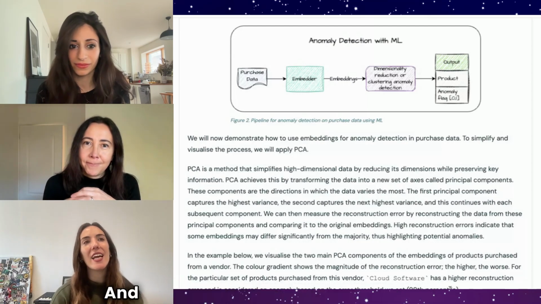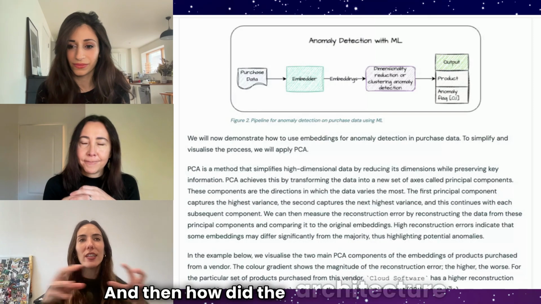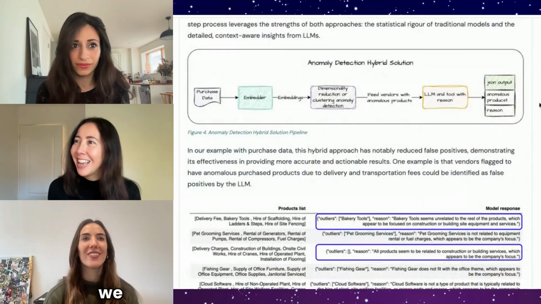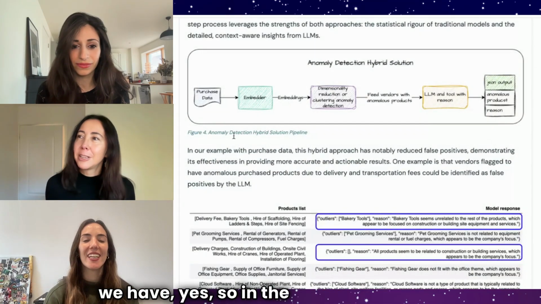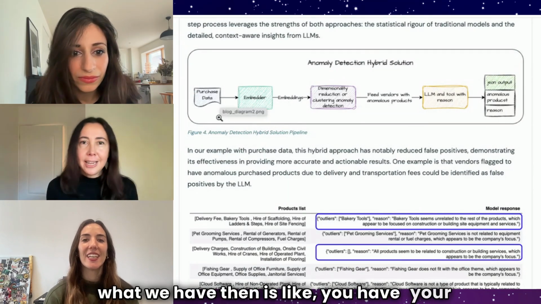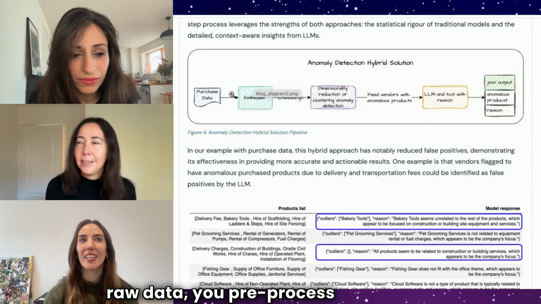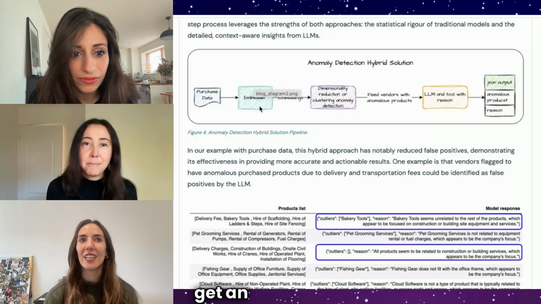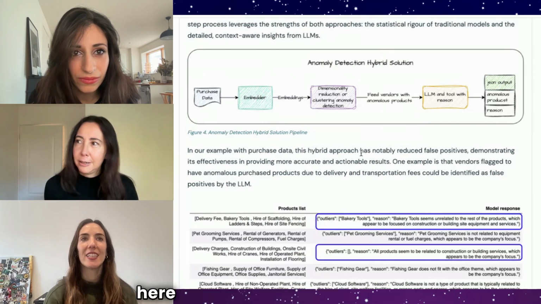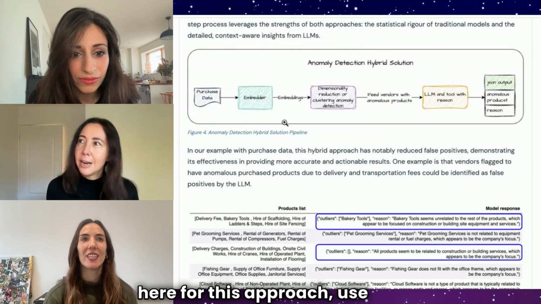Amazing. And how did the architecture look at the end with the LLM aspect? In the hybrid approach, you have your raw data, you pre-process it, then you get an embedder, and there are very good embedders out there. For this approach, we used GTE large.